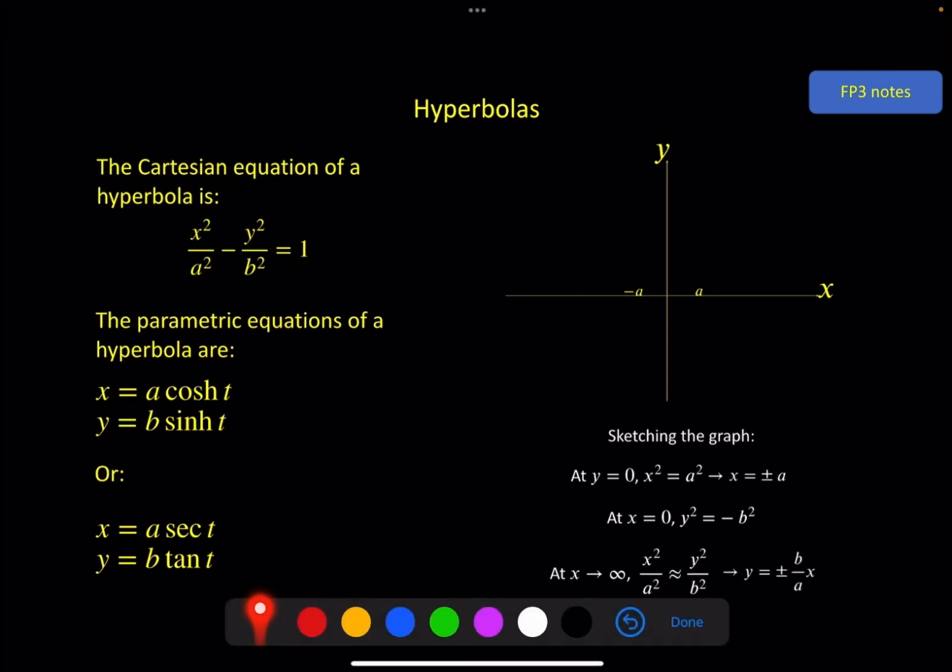So we can rearrange that, and we get asymptotic lines at y is equal to plus or minus b over a x. So these are lines that the graph will never quite reach. The graph will not be on these lines at any point, but it will get closer and closer and closer to these lines.